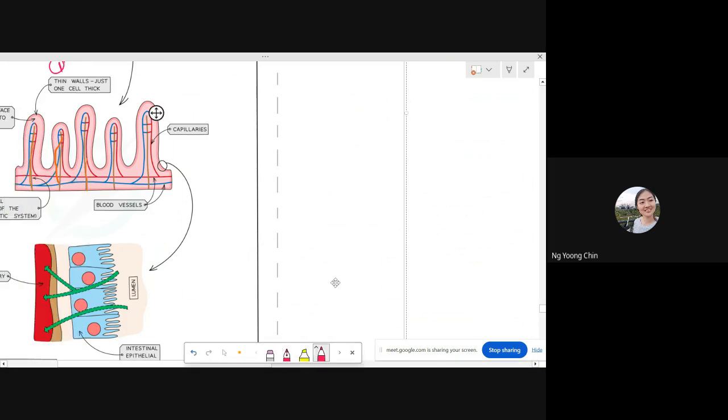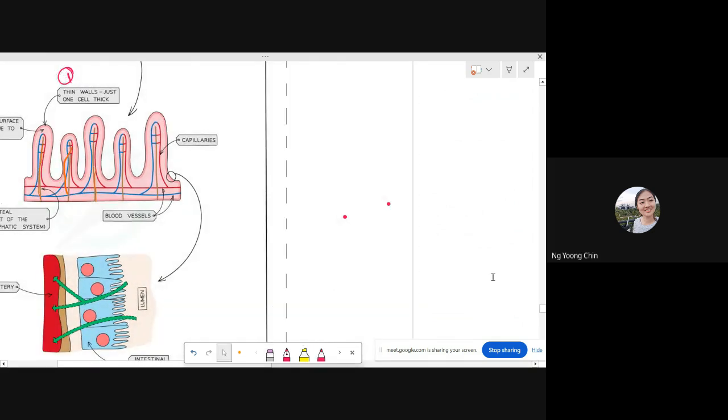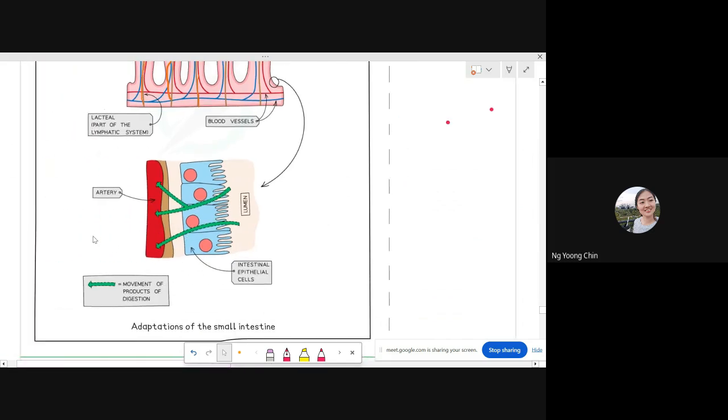This is a villi. After the food enters into the villi, it will be absorbed into the blood capillary like this. So from the blood capillary, they will enter into the liver.